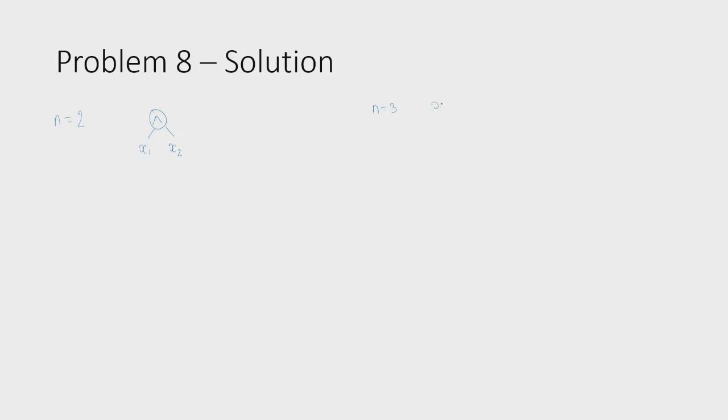You are supposed to evaluate x1 AND x2 AND x3, right? This is the same as y AND x3, where y is defined as x1 AND x2. So does this suggest a circuit for n equals 3? Oh yes, okay.